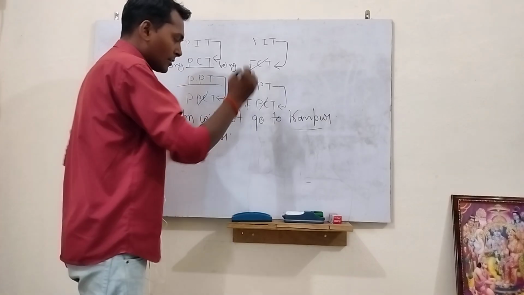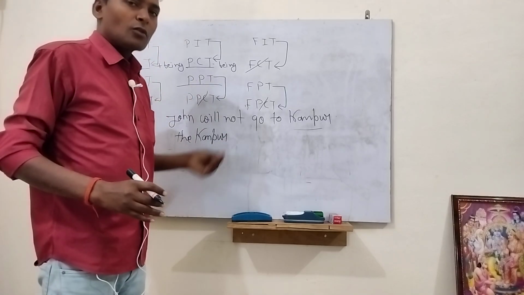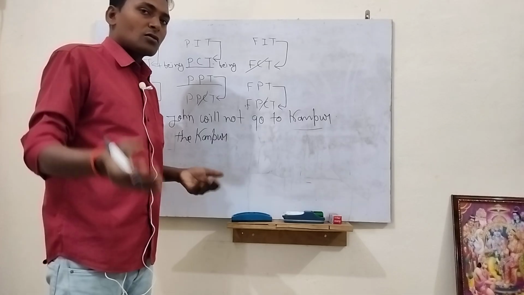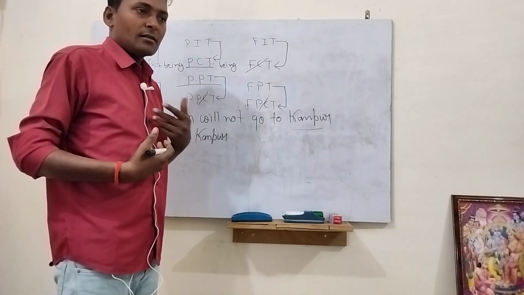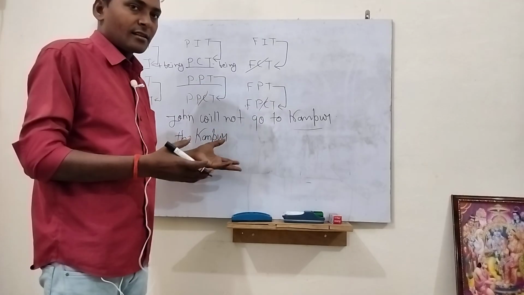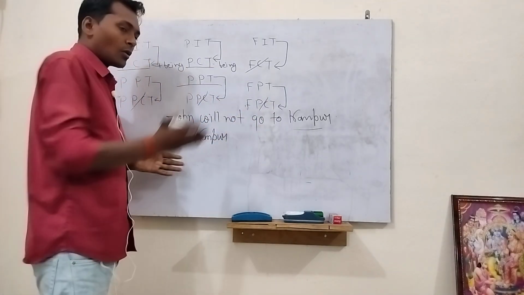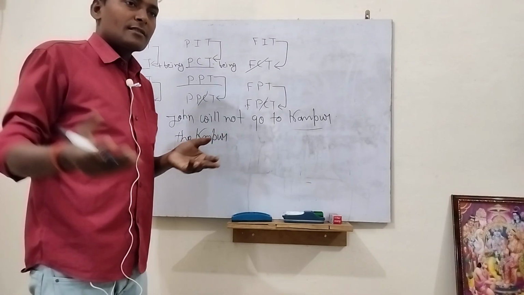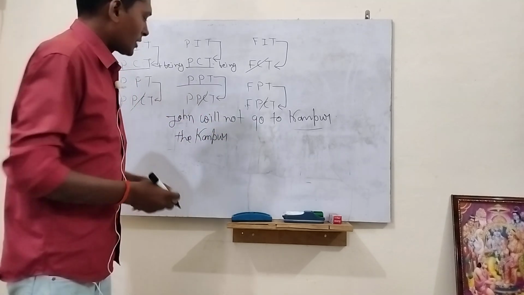Because it is a common noun, or proper noun you can say, since it is one city. But if there are many different cities, if there is another Kanpur, then it will become a common noun.